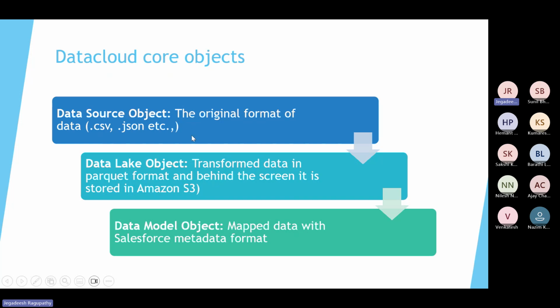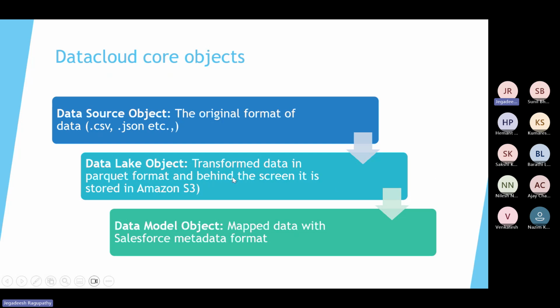Then the large volume of data is transformed and stored in the data lake object, this DLO that is available in the data cloud. Each and every format of data from the CSV or JSON is converted into Parquet format, and they are stored in Amazon S3 under the data cloud itself, that is in the lake object.